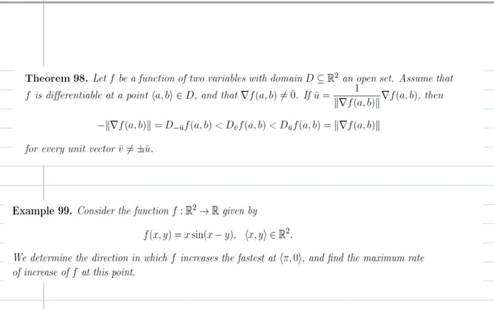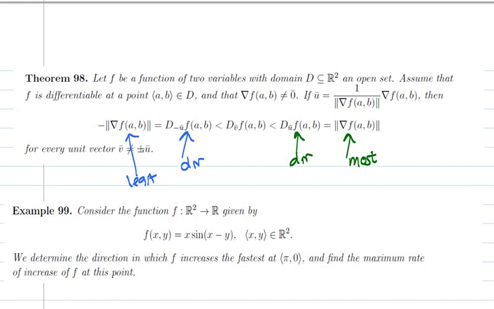If you go in this direction u, the directional derivative will be the maximum. If you go in the direction of minus u, the directional derivative will be the least. And if v is any other direction, it is somewhere in between.